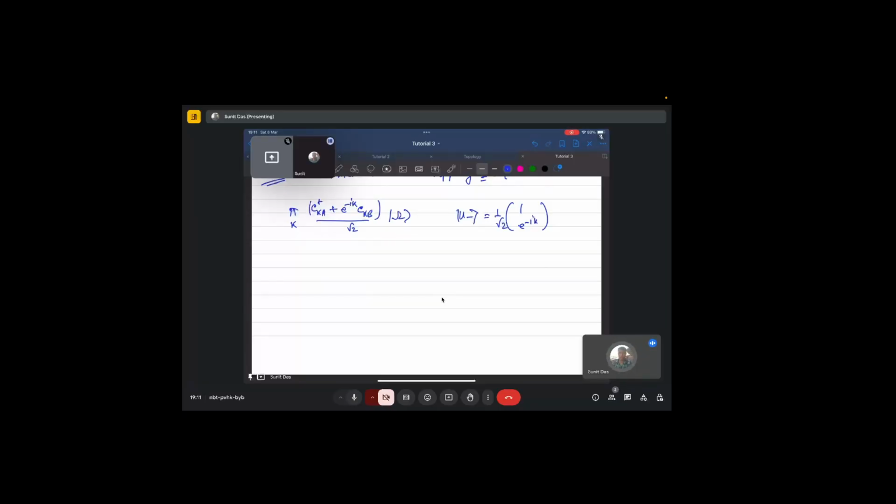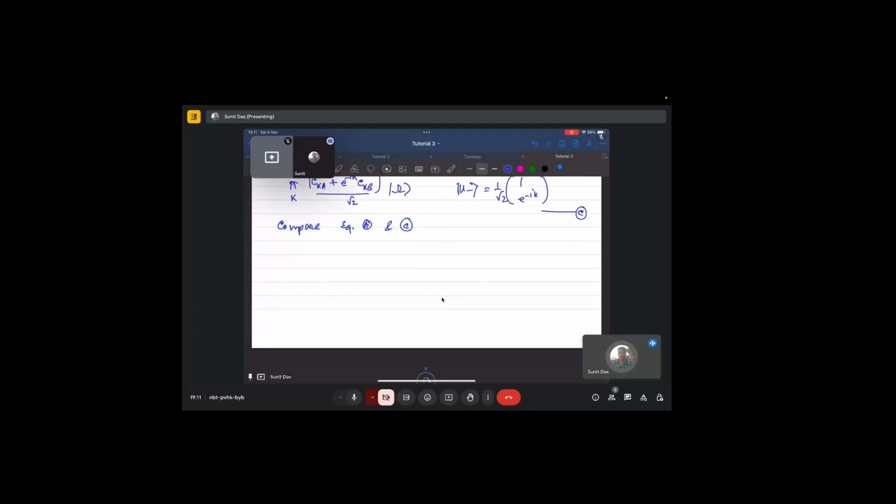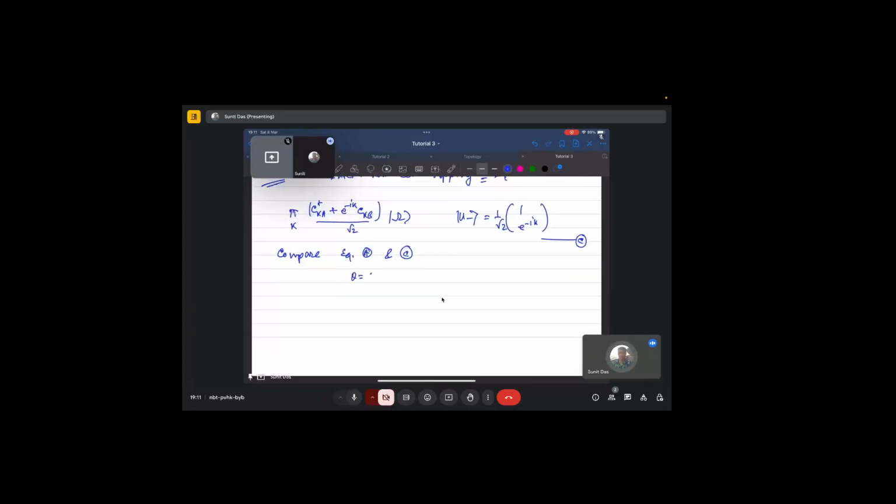Now let's call it C, and if you compare equation A and C, what you will find is that again theta equal to pi by 2, like the previous case.